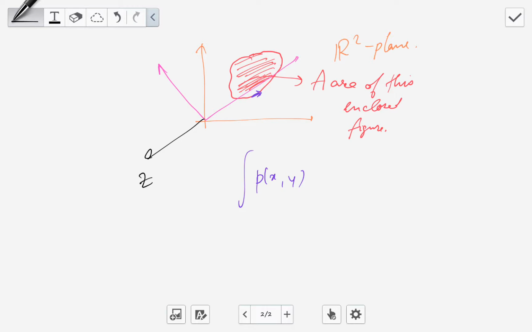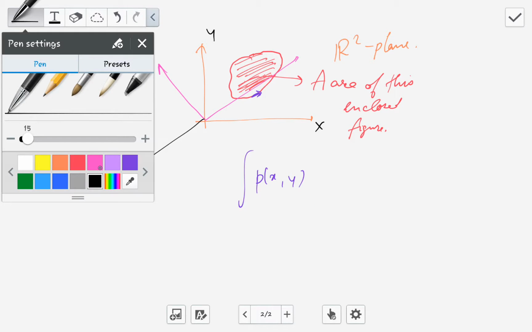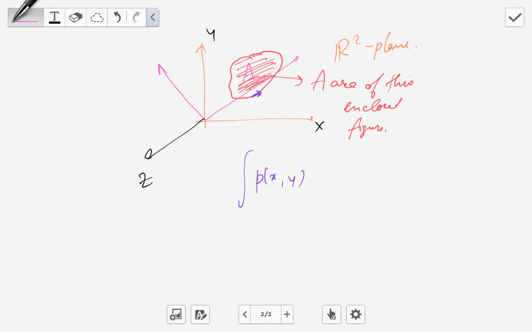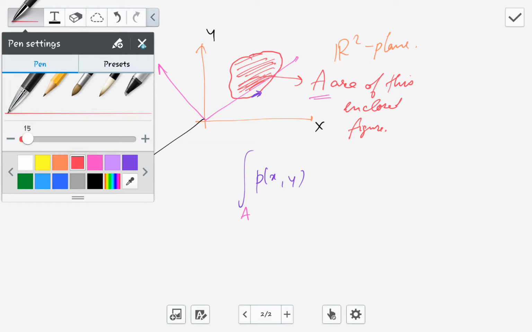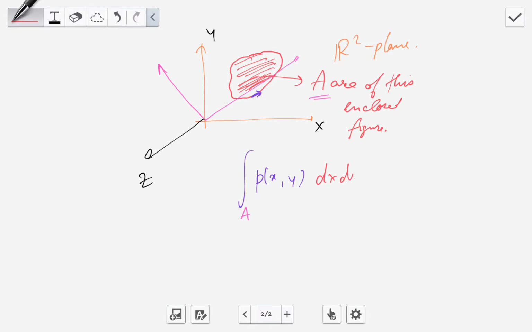I am assuming a curved surface over it, and that surface is p of x comma y. This is x, this is y. If I integrate p of x comma y over this area, say this area is A, I have dx dy.